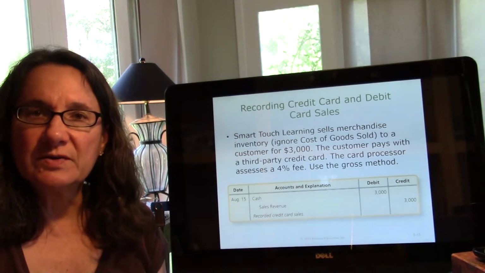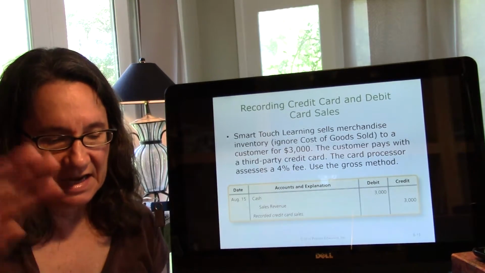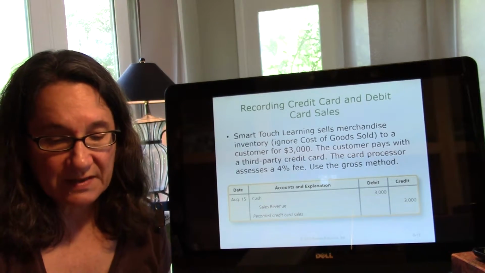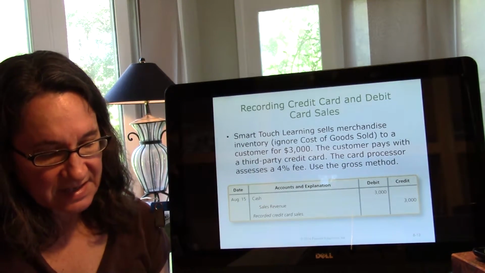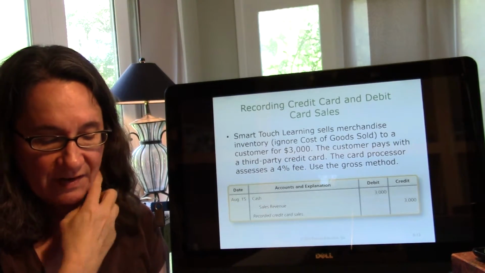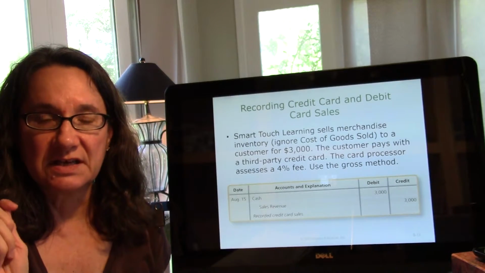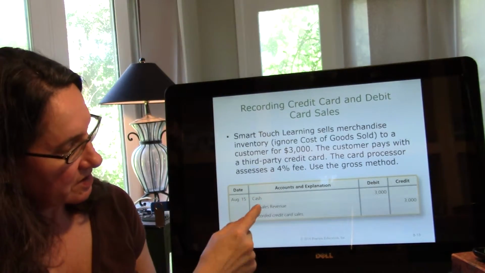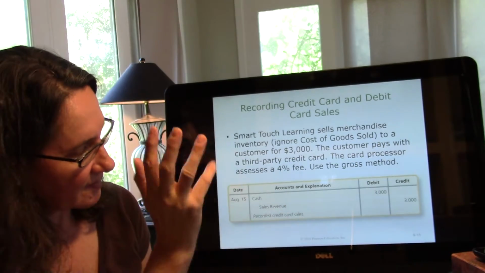So let's suppose we're doing the gross method, which means at the end of the month, we're going to take it all out. Under the gross method, the full amount of the sale is credited to sales along with the full amount of cash. The fee is recorded later when the credit card company actually deducts the amount from the cash it pays the seller. So here you go, August 15th, same exact sale, $3,000.